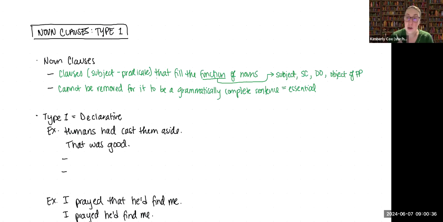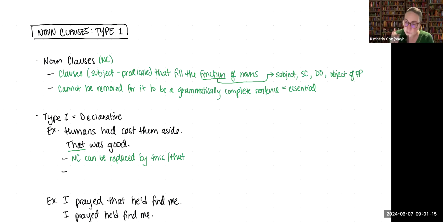One way to identify noun clauses is that noun clauses can be replaced by this or that, right? Here we have an example of a noun clause being replaced, and I'll write N C up here so you remember what that abbreviation is for. So that was good replaces our noun clause. This was good could also replace it.